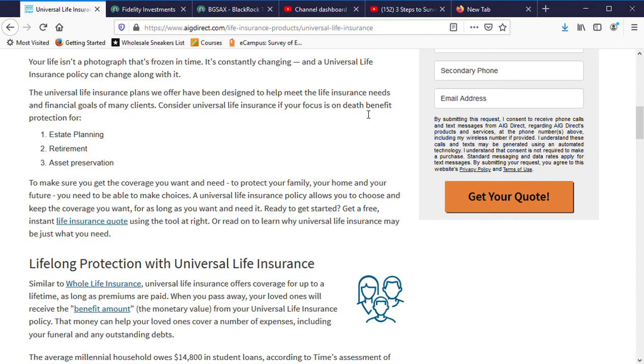With the universal life insurance, I would try to research that and then go talk to an insurance agency. If you can't get what you need to know from an insurance agency, make sure you reach out to companies like AIG, Aflac, places like that that have a tenure of providing life insurance to the public.